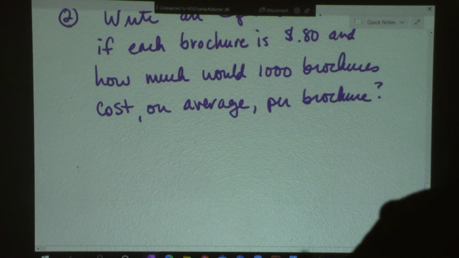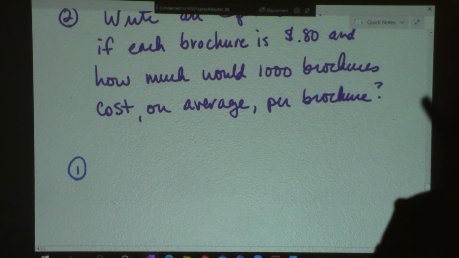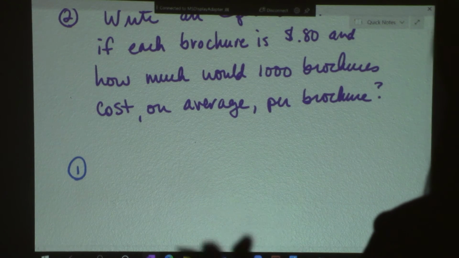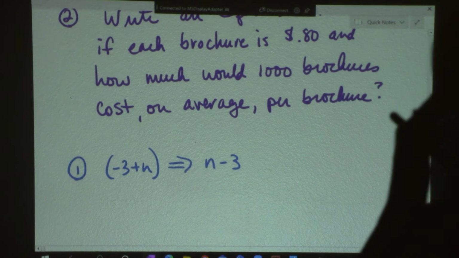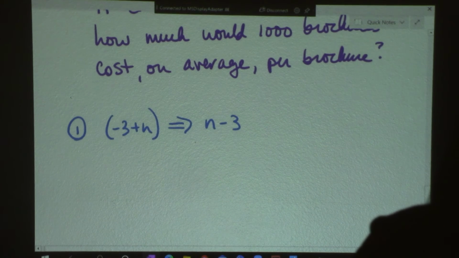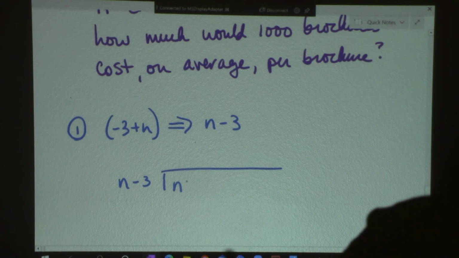Okay, so number 1, this is another one of those problems where I have to put a zero term in. So first I'm going to take -3 plus n and I'm going to switch that to n minus 3. Okay, and now I'm going to put that underneath my house. And that becomes n squared.